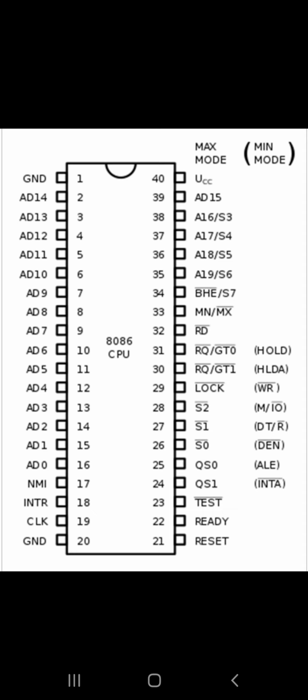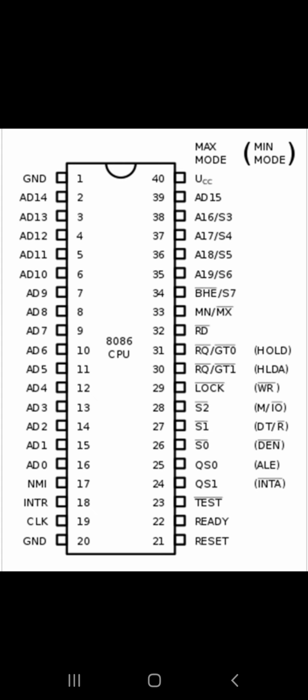And if S3 is 1 and S4 is 0, then it is accessing the code segment. And if S3 is 1 and S4 is also 1, it is accessing the data segment. So there are 2 pins, right? So 2 pins means 4 combinations: 0 0, 0 1, 1 0 and 1 1. For each combination, you can find out which segment the 8086 is accessing, right?